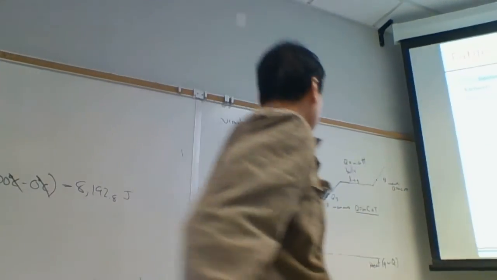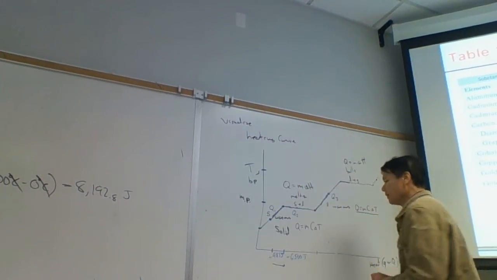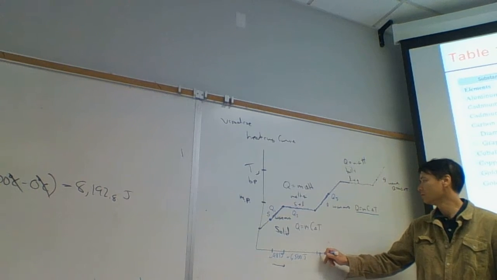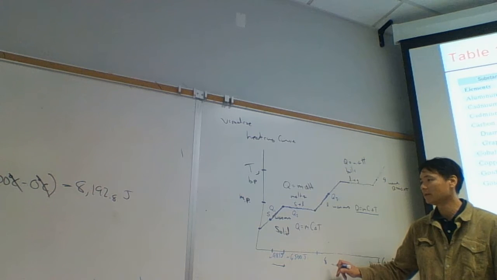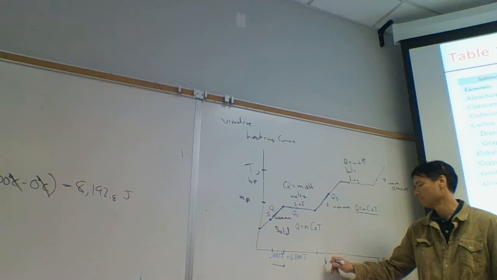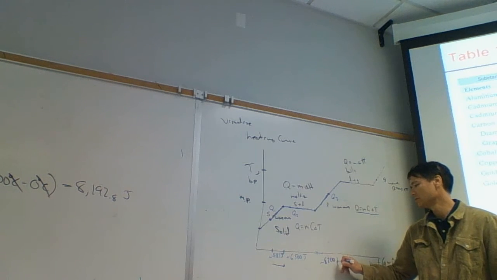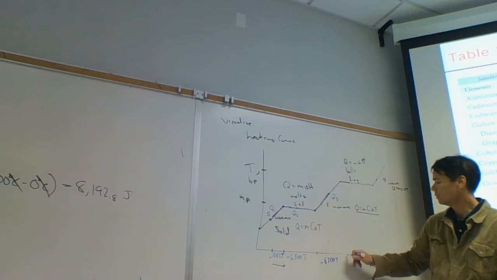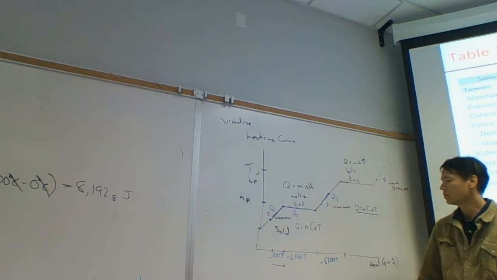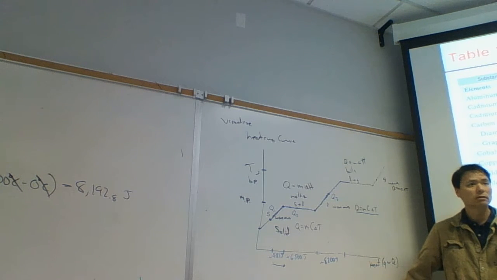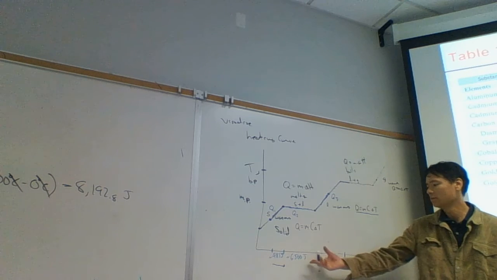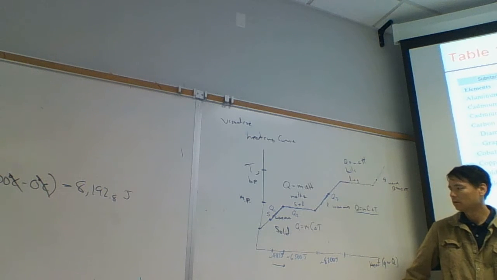So the next segment here, Q3, is going to cost us about 8,200 joules. So far, that's going to cost us the most energy, is warming up that water. Didn't cost that much to melt it. Didn't cost that much to heat up a block of ice.